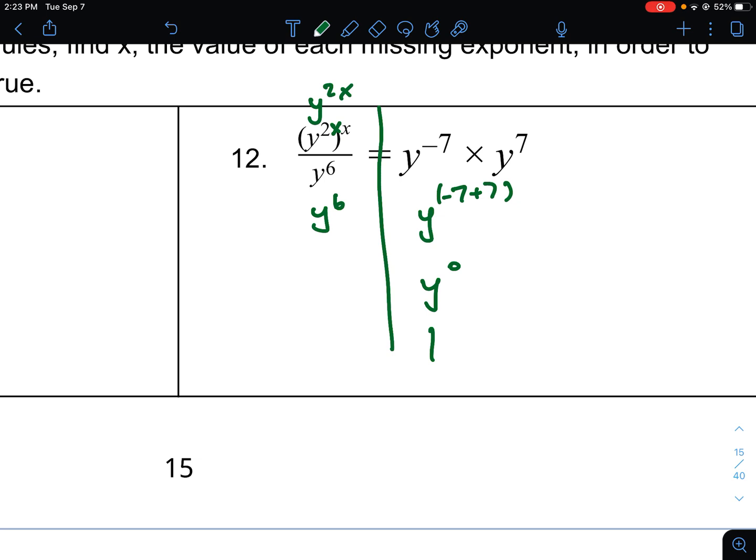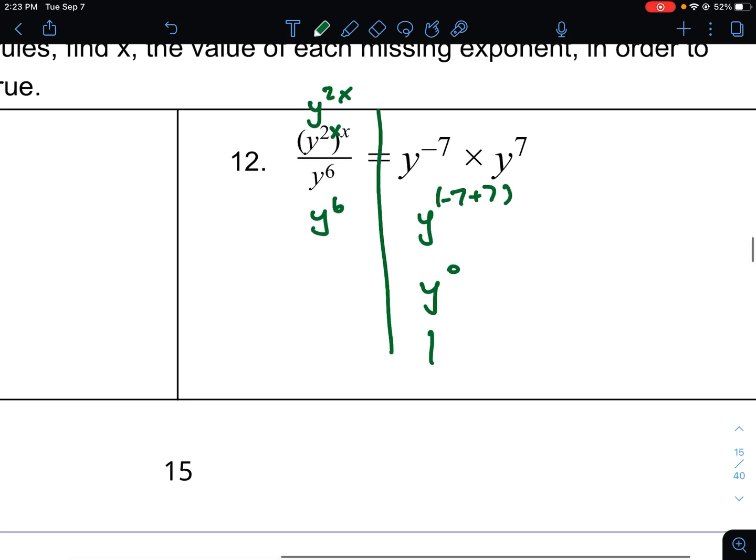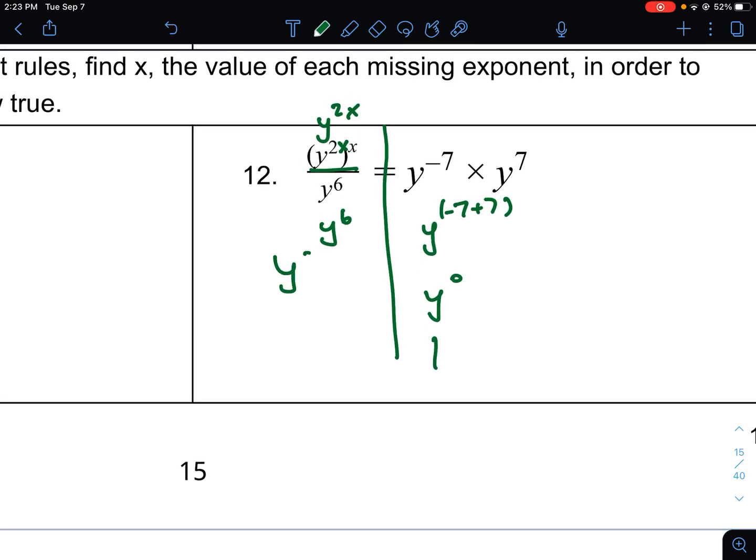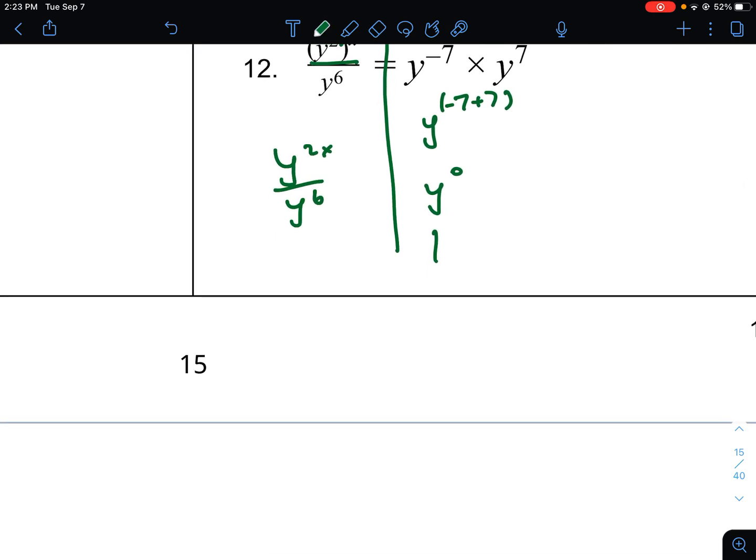Let's take a look at this side. We have y to the 2x over y to the 6th. Remember, we are dividing, so to rewrite it, it's y to the 2x over y to the 6th. And we know that what that means is y to the 2x minus 6.